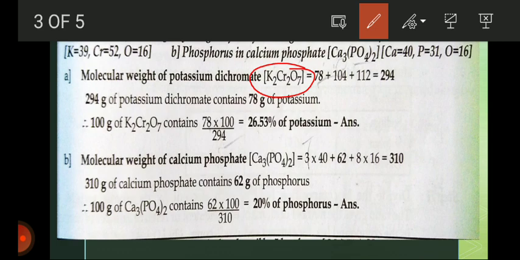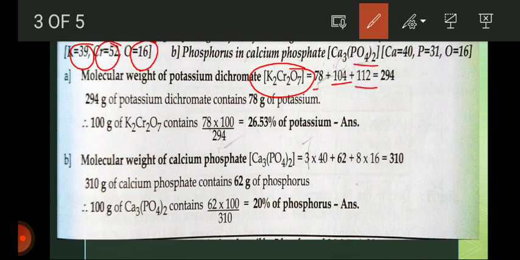Okay, so now first and foremost you have to find out the molecular weight of potassium dichromate. What is the atomic weight of potassium? It's 39, it's given already. Chromium's atomic weight is 52 and oxygen's atomic weight is 16. So we know that the formula of potassium dichromate is K2Cr2O7. That means it will be 78, that is 39 into 2, plus 52 into 2, 104, plus 16 into 7, that is 112.